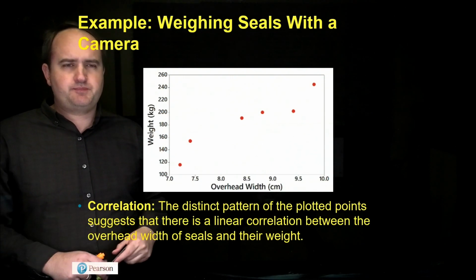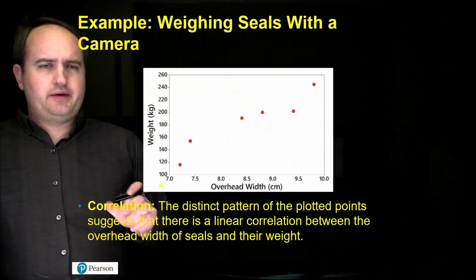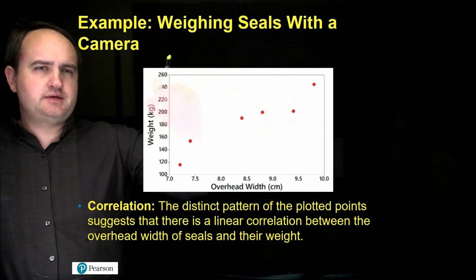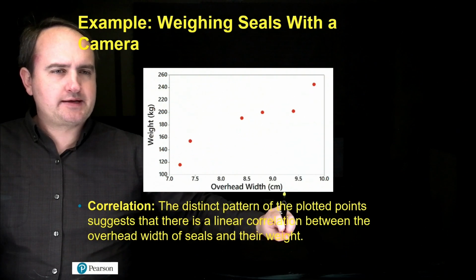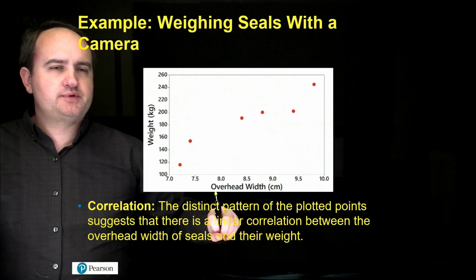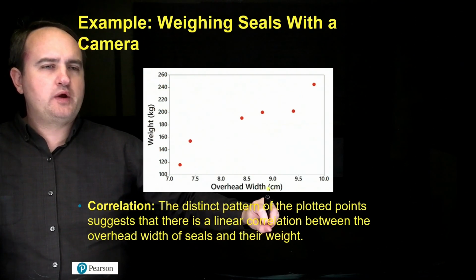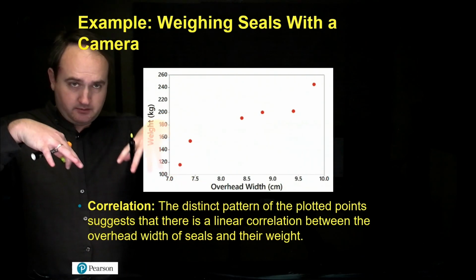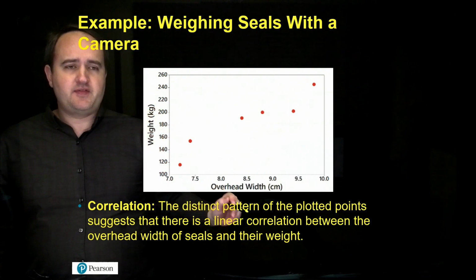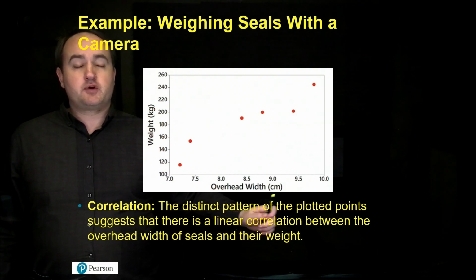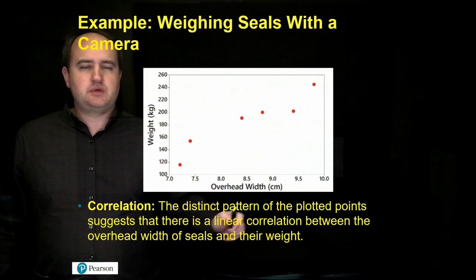Now, when we look at this picture here, this particular scatter plot is weighing seals with a camera. Okay, so the horizontal axis, or the x-axis, represents the overhead width of seals. So we're looking at seals from the ocean overhead, and they measured their overhead width of the seals in centimeters.